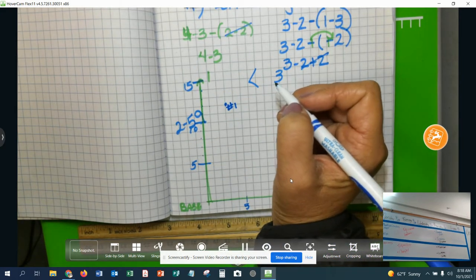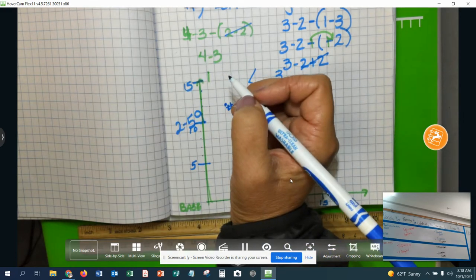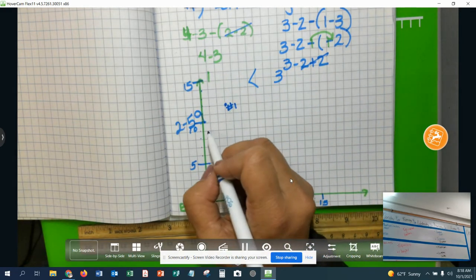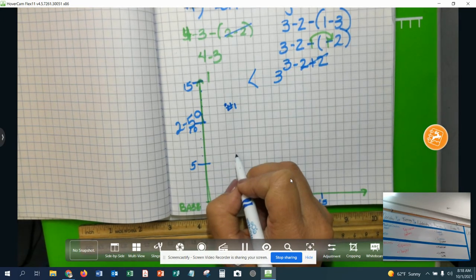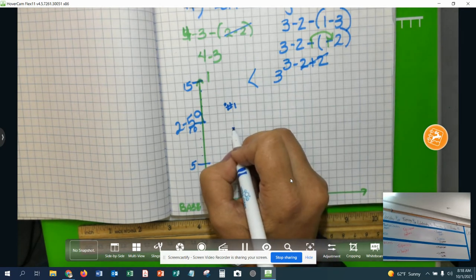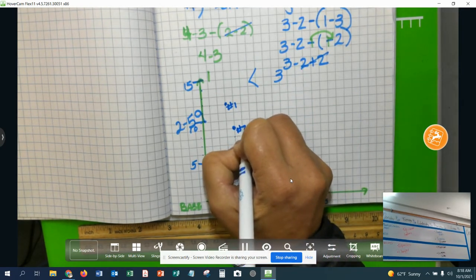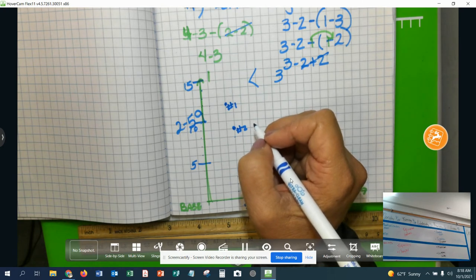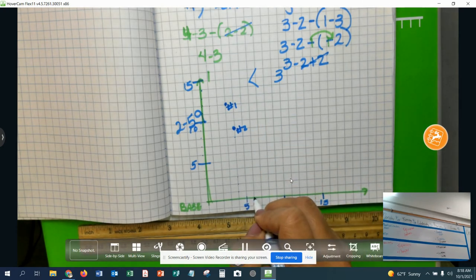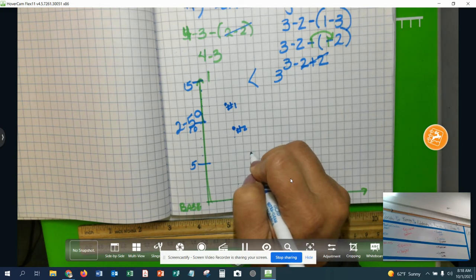Number 2 is 9 and 4. So you're going to go, here's 1, 2, 3, 4, and then 1, 2, 3, 4, 5, 6, 7, 8, 9. Dot number 2. Okay. Now you have 3. It's 6 and 6.